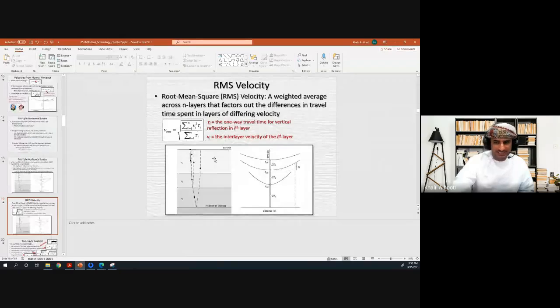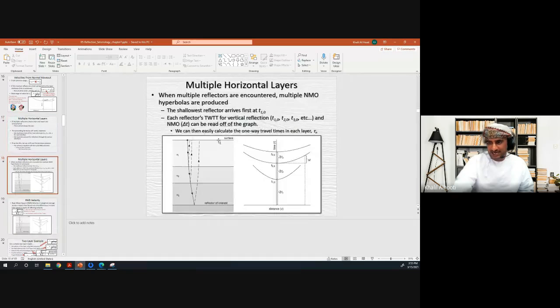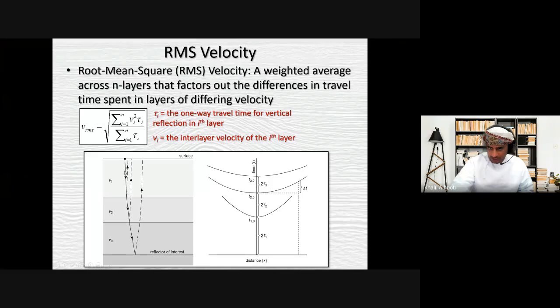And I give you an exercise on how to do this in multiple layers. There is a velocity, we call it RMS velocity. Yani the velocity where you read the time up to a specific layer, the time for the ray to go to the third layer and be reflected back.